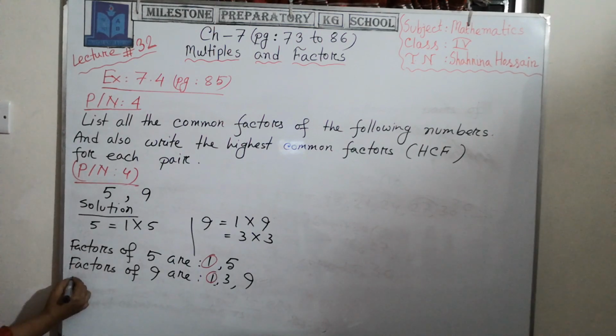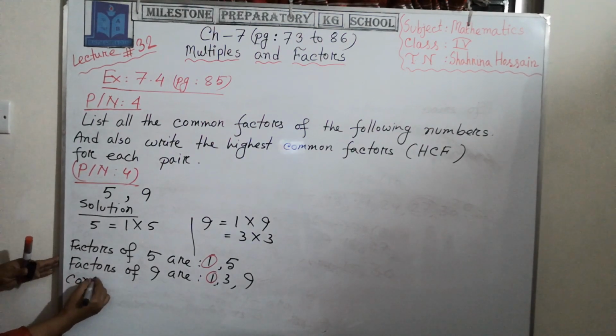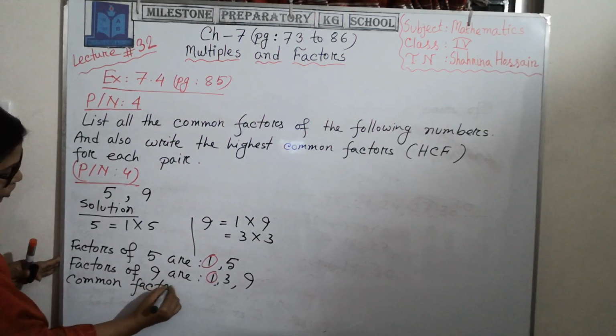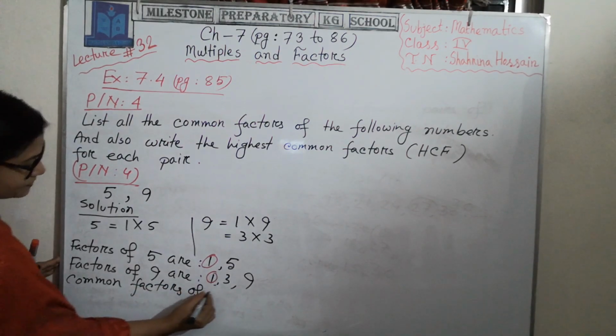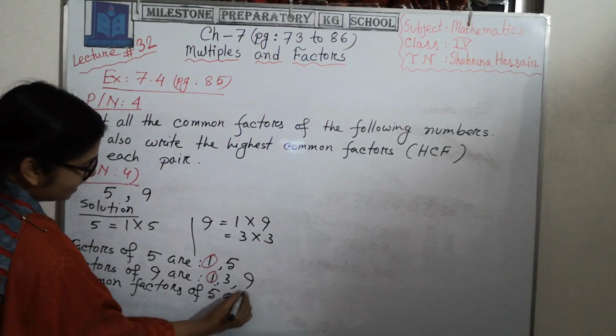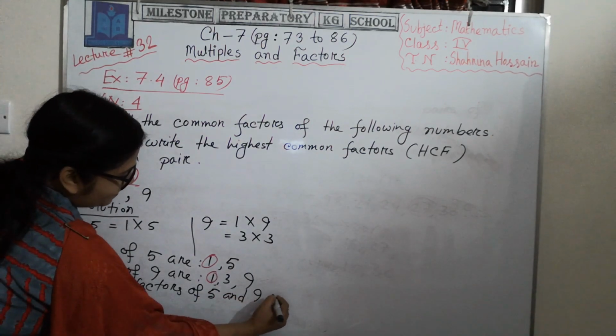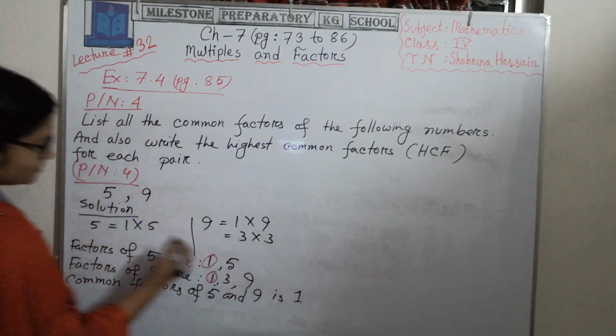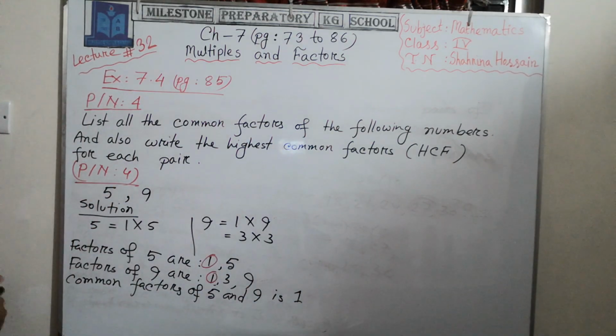So common factors of 5 and 9 is 1. So the answer is, so the highest common factor is also 1.